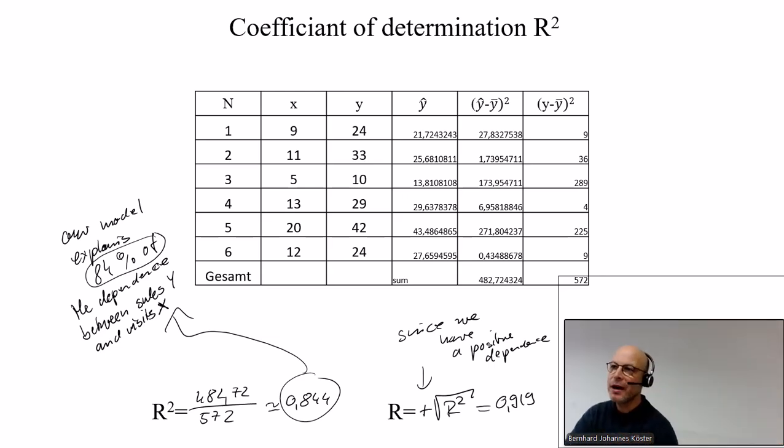This decision you have to make. And if you said, well, for me 60% is enough and the outcome is 84, then you can say, well, this is okay. And then I can rely on my forecast that an increase of one visit would give me approximately 2 more euros.